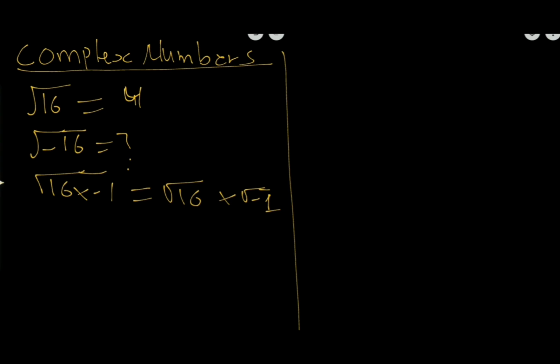In complex numbers, we denote root of negative 1 as i. So i is equal to root of negative 1. The root of 16 gives us a value of 4, and root of negative 1 gives us a value of i. So this becomes 4i.